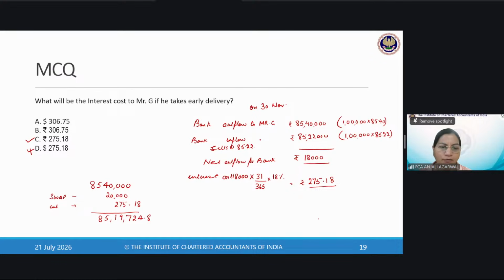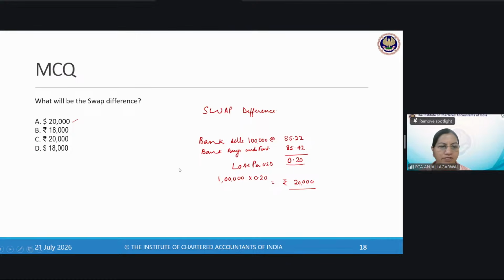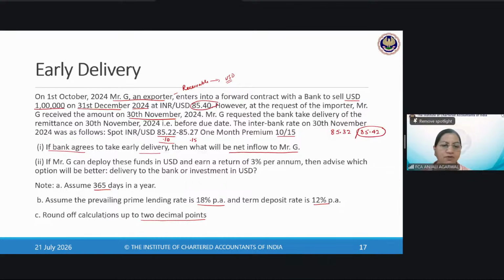We can call it 25 here, but because the question is specifically asking to round off calculations up to 2 decimal points, we'll keep it that way.